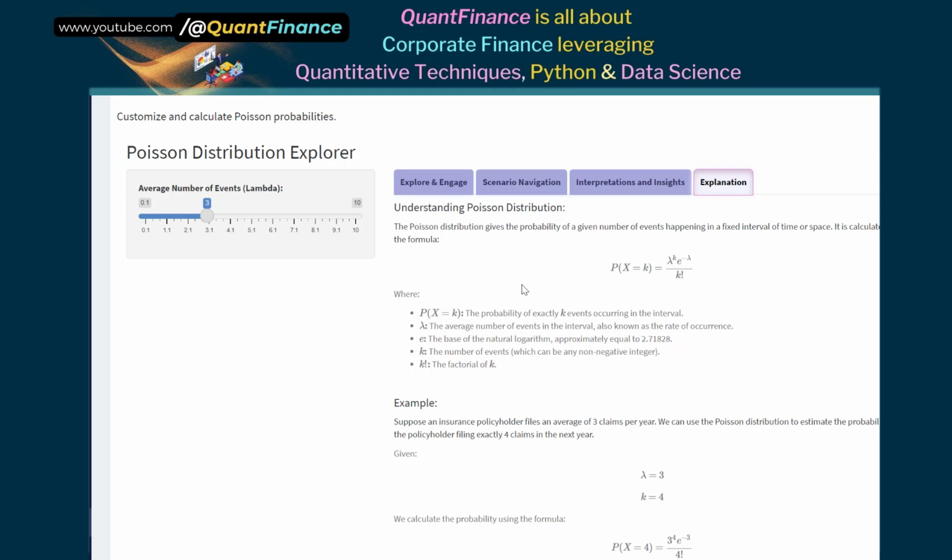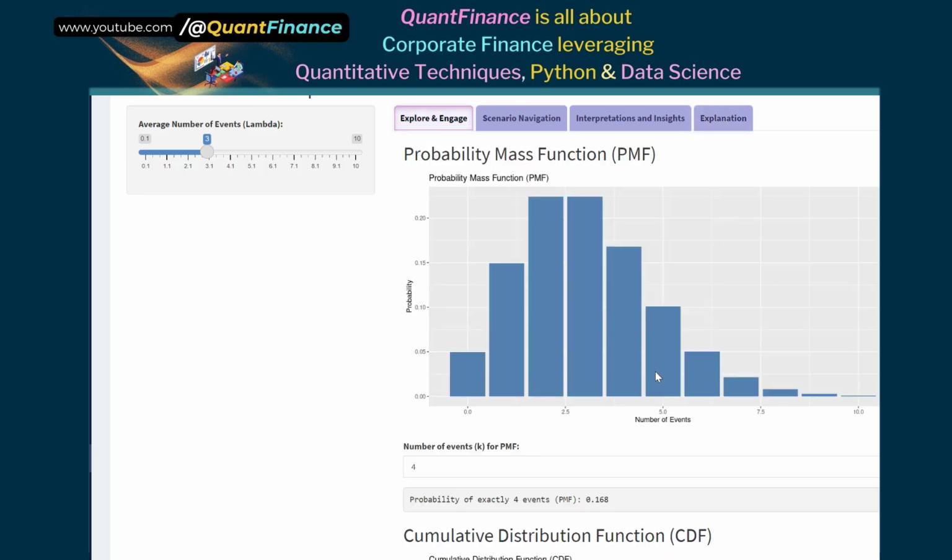This is how we understand it through our web app. Here 0.168 is represented through this fifth bar in the plot, where there are exactly 4 events happening and this probability is 0.168. Similarly, for the number of events on the x-axis, we have taken it up to 10, but theoretically this can go up to infinity.